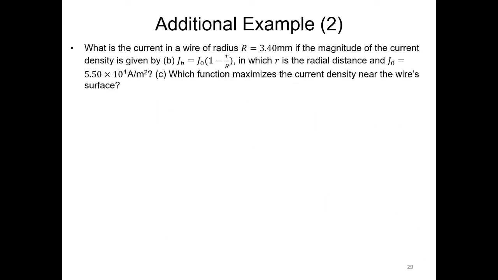So for the next one, the only difference is the current density is different. It is JB equals J0 times 1 minus small r over capital R, and J0 is also the same. And which function maximizes the current density near the surface?